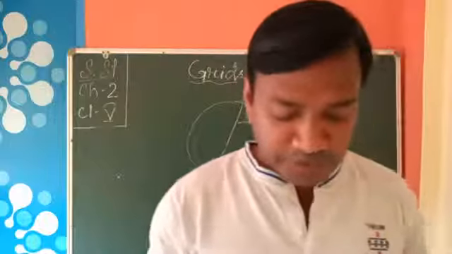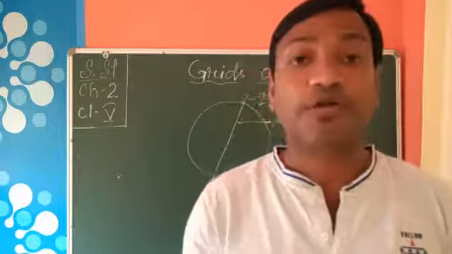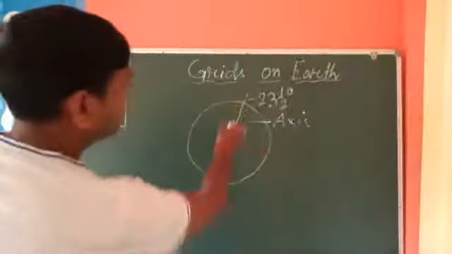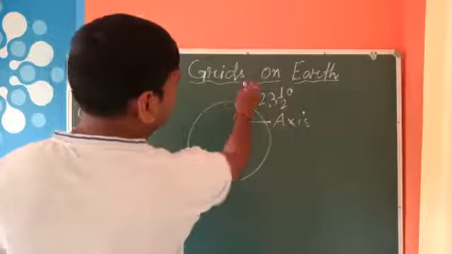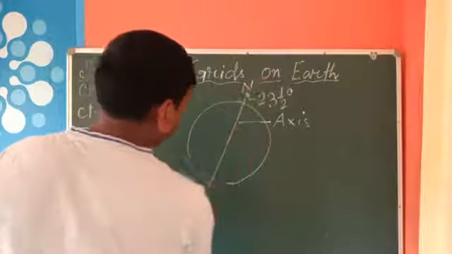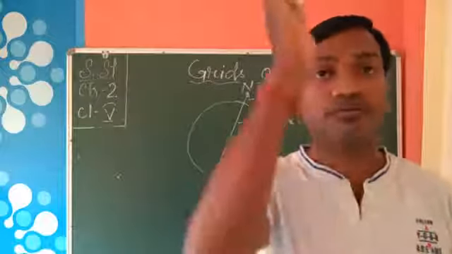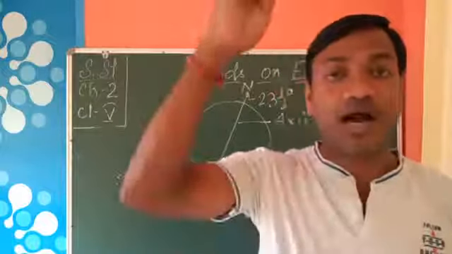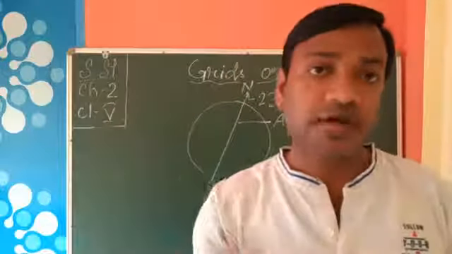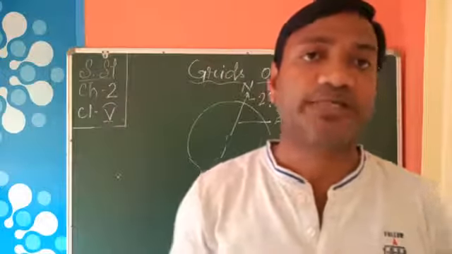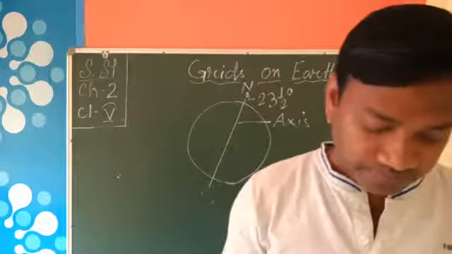The northernmost point of the axis is called the North Pole, and the southernmost point is called the South Pole. So the upper end of the axis is called the North Pole, and the downside, the last point, is called the South Pole.